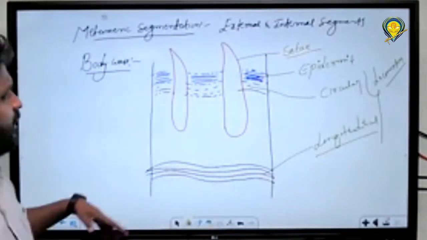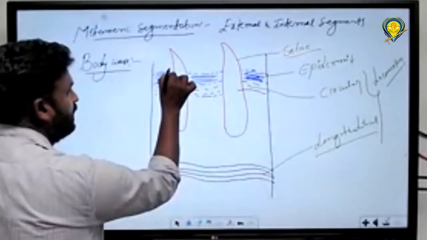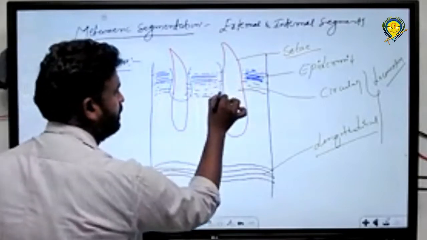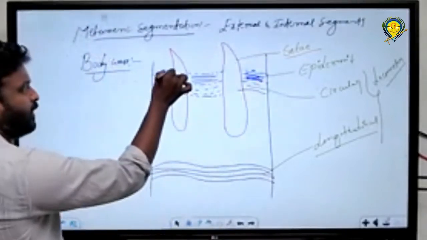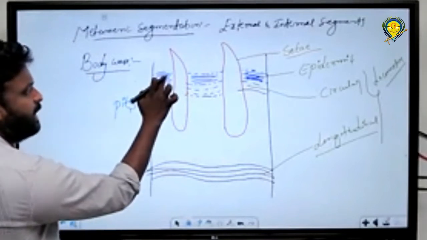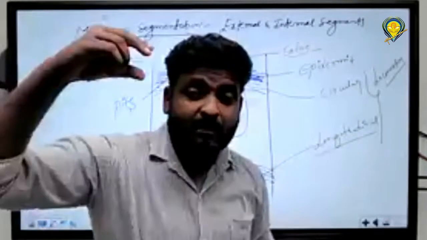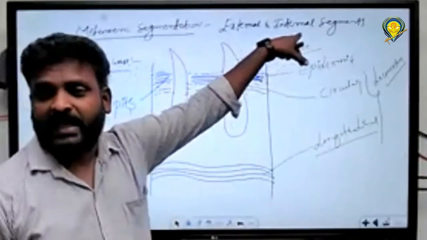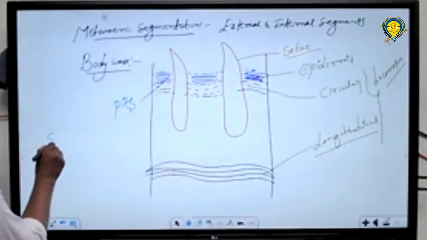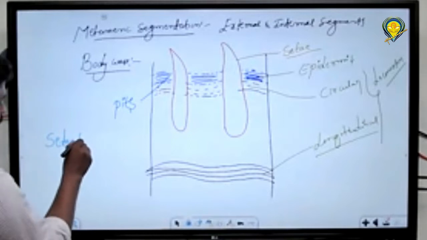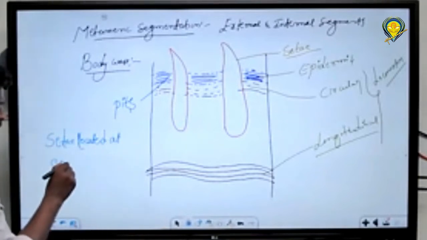Body wall, right? Epidermis. See here, this is the region, the space. The space is called pits. So shall we call them epidermal pits? The epidermal pits consist of one of the structures called what? Setae. Setae are located where? In the epidermal pits. Got it? Please read it. Setae located at epidermal pits.